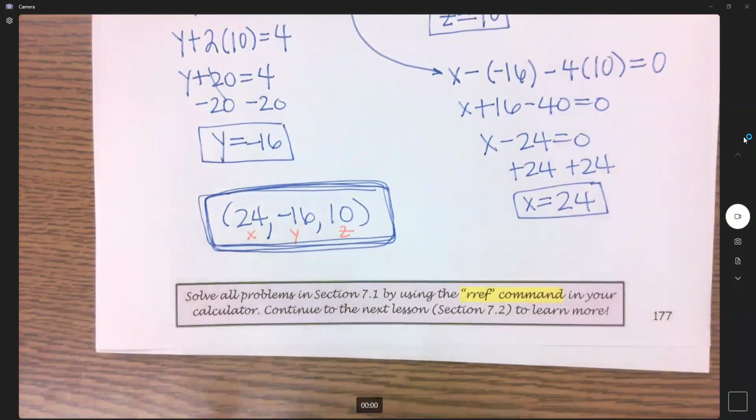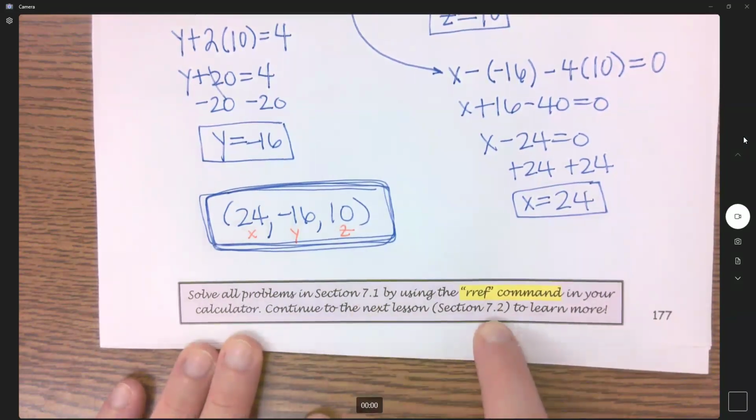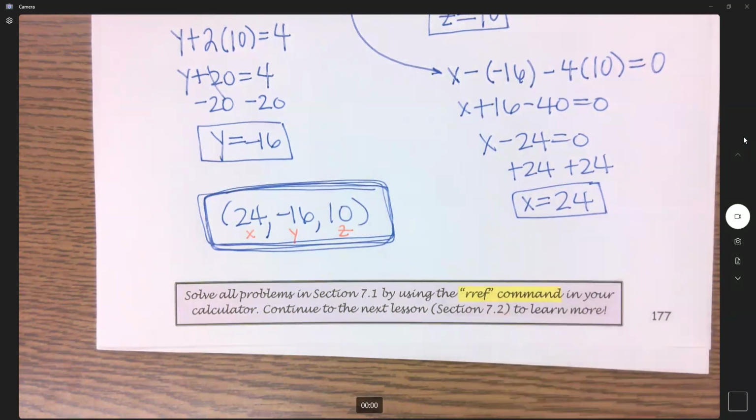And so I would solve all of your problems in both section 7.1 and 7.2 using what we're going to learn in the next lesson. So I would just continue on, learn your last lesson, and then solve everything in your last 2 homeworks the same way by using this RREF command.